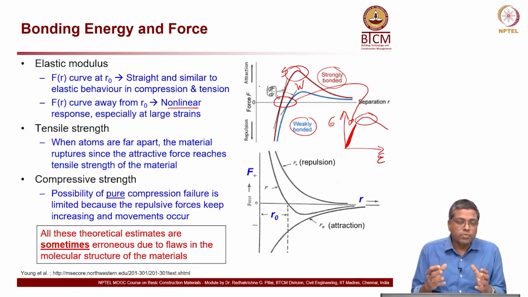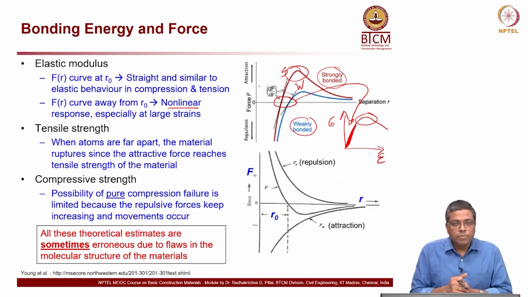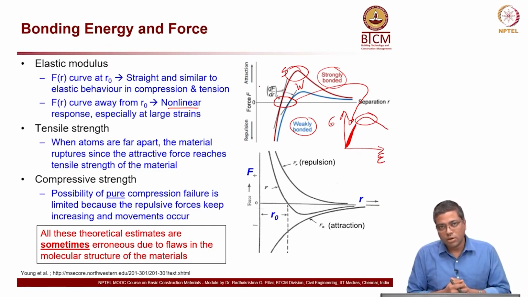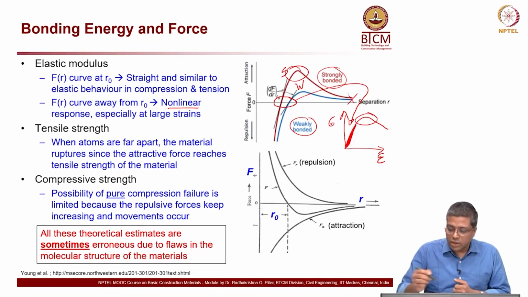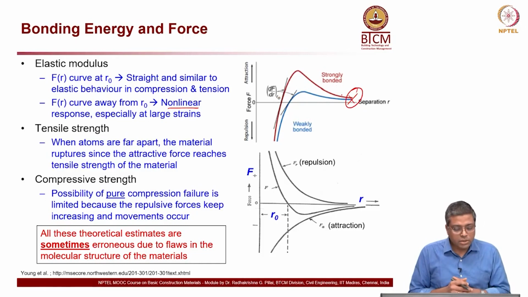At a point where the reaction provided by the material, the attractive force, is less than the pulling force, the material starts rupturing or fails. That is the point over here on the right end.